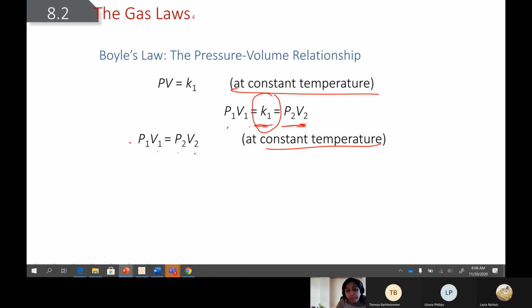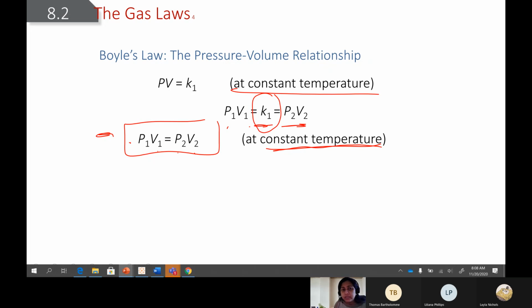You can apply this equation at only constant temperature. If the problem says the temperature has been changed, then you cannot use this Boyle's law equation. The Boyle's law equation can be used at only constant temperature. What is that equation? P1 V1 equals P2 V2.